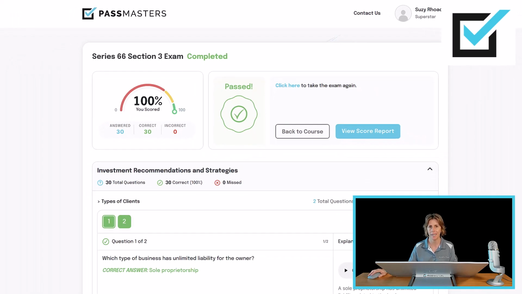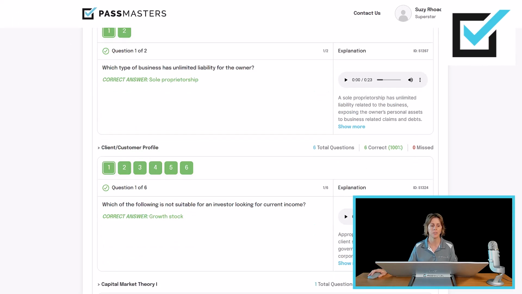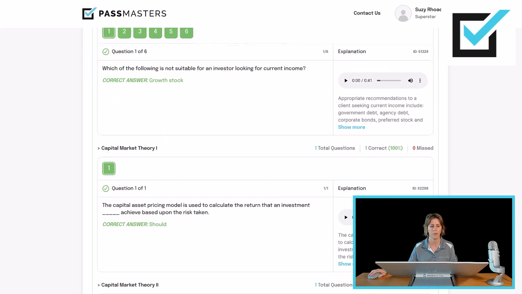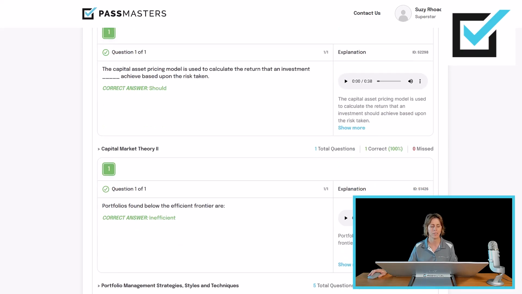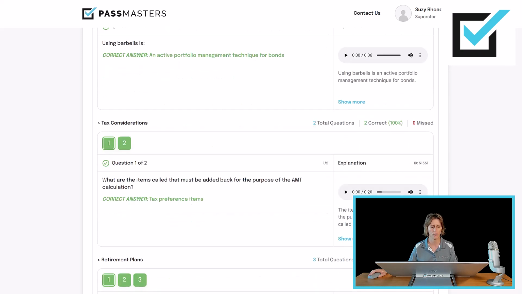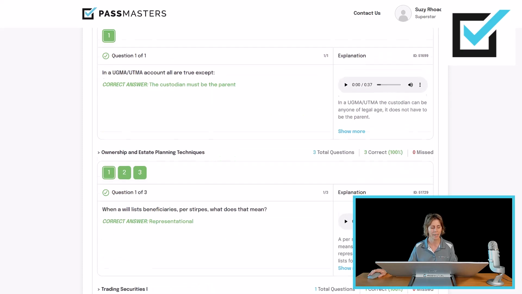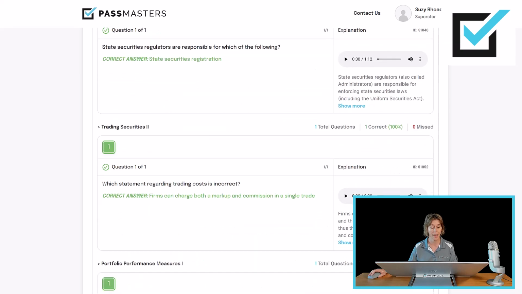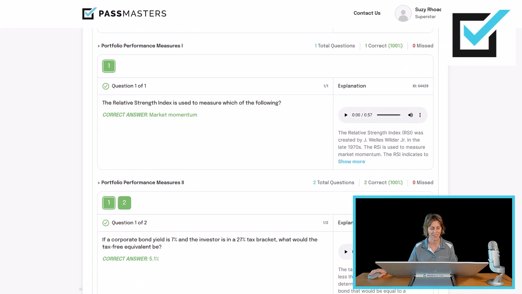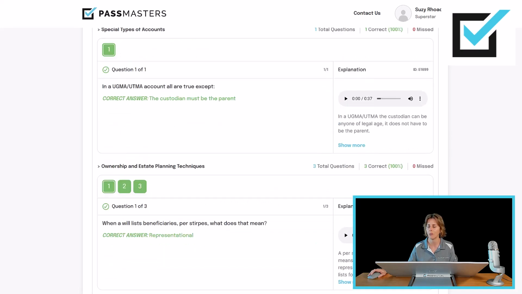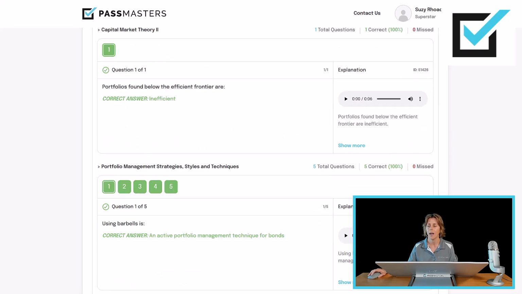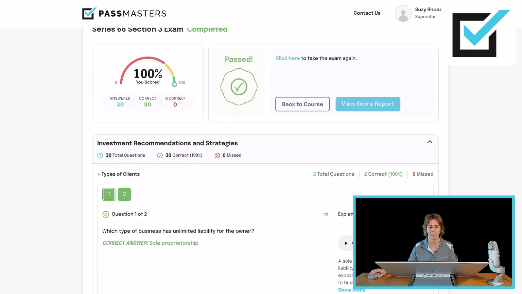So this is how I lay out the course. So types of clients, 2 questions, client customer profile, you had 6, capital market theory, and so on and so forth. So all of the quizzes are properly weighted, just like you will find when you go down there and take the actual exam. So these are all of the topics that you will find within section 3 of either the Series 65 or Series 66 course.